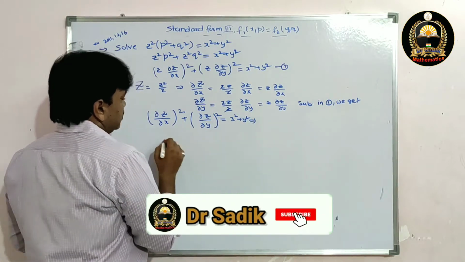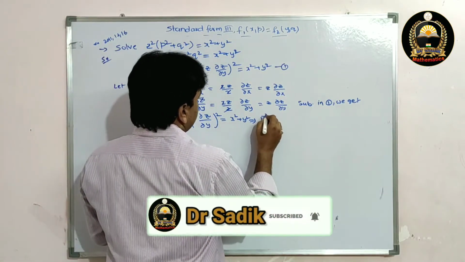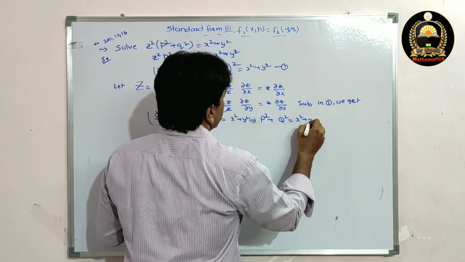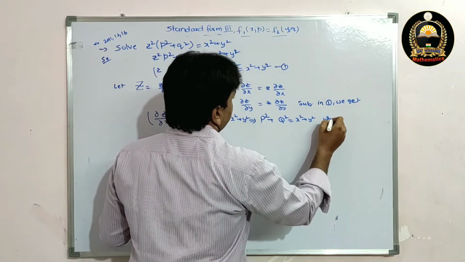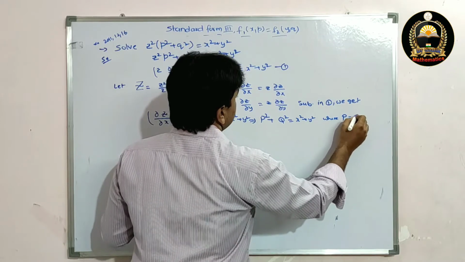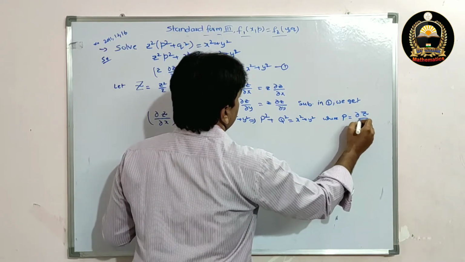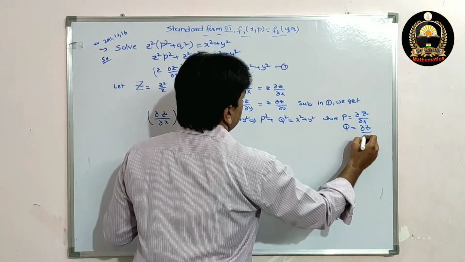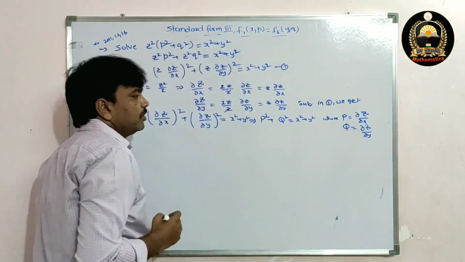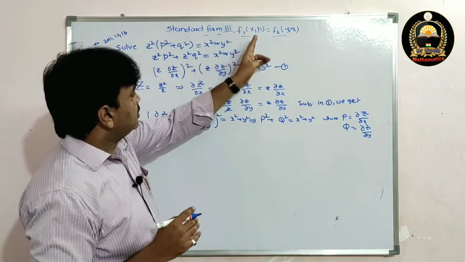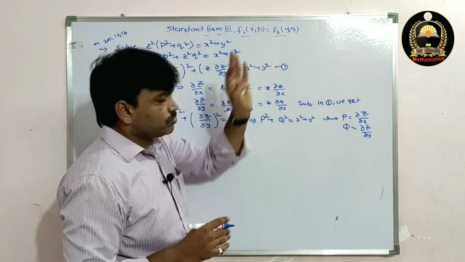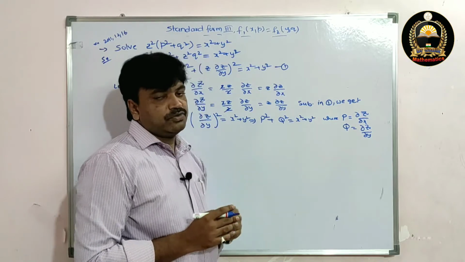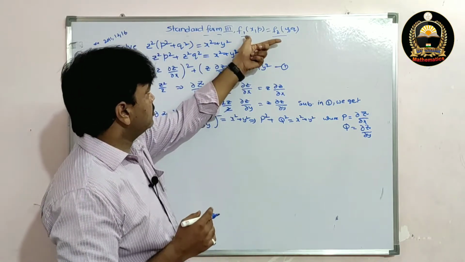Simply say capital P square plus capital Q square that is equal to x square plus y square, where capital P is dou capital Z by dou x and capital Q is dou capital Z by dou y. So now it is like xp, yq. All the terms contain capital P, capital Q, small x, small y. So what is the form? Standard form 3.